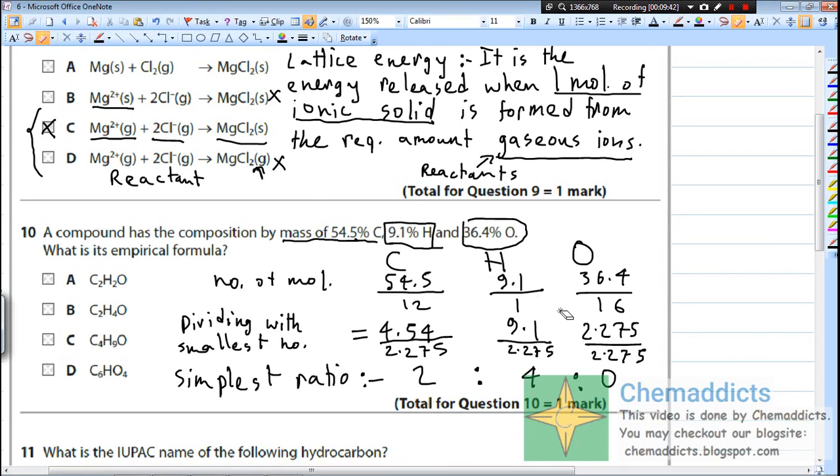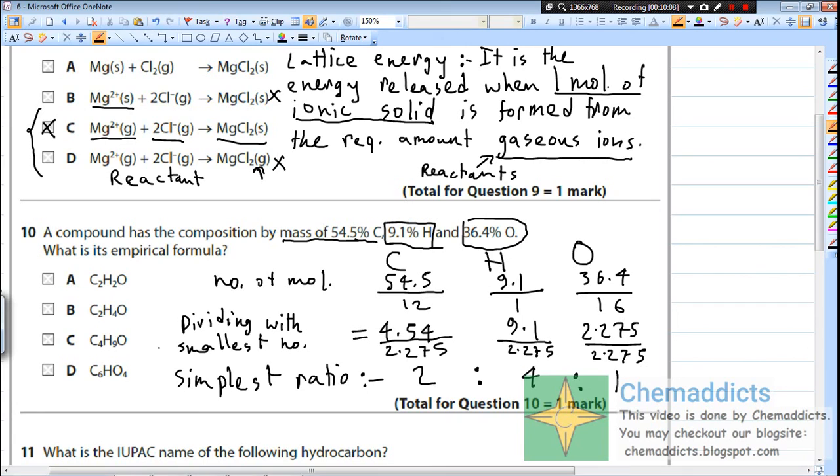Sorry, ratio can't be 0. So the ratio of carbon to hydrogen to oxygen is 2 to 4 to 1.